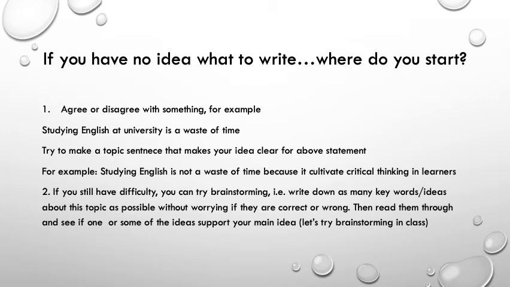And then from the words that you write down, choose the words or ideas that you think might support your main idea better. It takes a little bit of practice to do brainstorming. We'll see if we could do this in the next class.